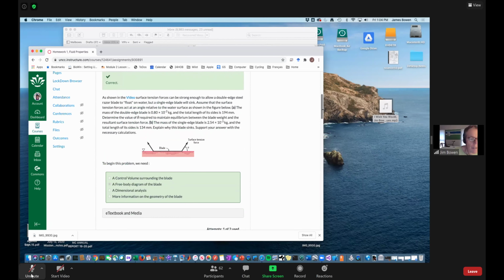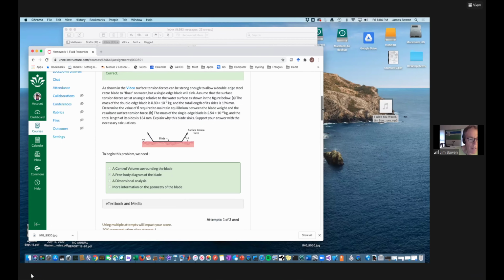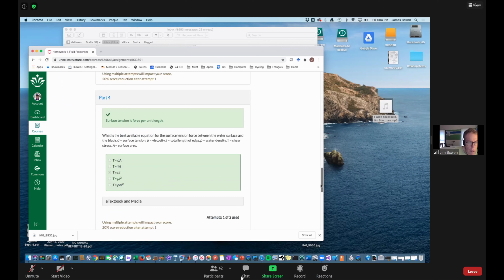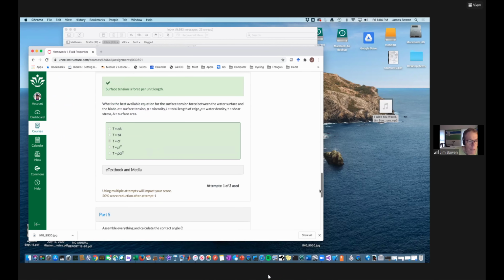So we have to actually calculate. We're going to have to get the mass, multiply it times gravity to get the downward force in newtons, the total length of the sides, and then multiply that times the surface tension. The mass of the double edge razor. Oh, and then we're talking double, all right.